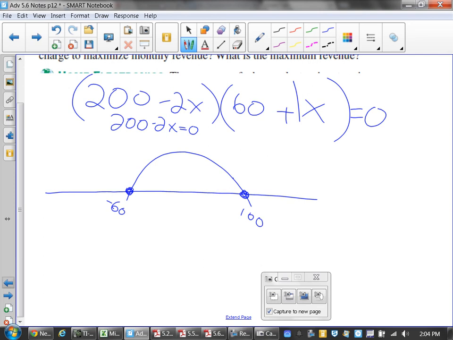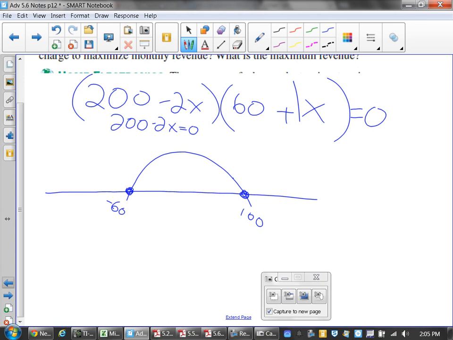If my sale price is 60, I'm going to sell 200 shoes. If my sale price is $1 more, I'm going to sell 2 less pairs of shoes. If my sale price is $5 more, I'll sell 10 less pairs of shoes. For all the increase in price, less people are going to buy them. That's the balance going on here.